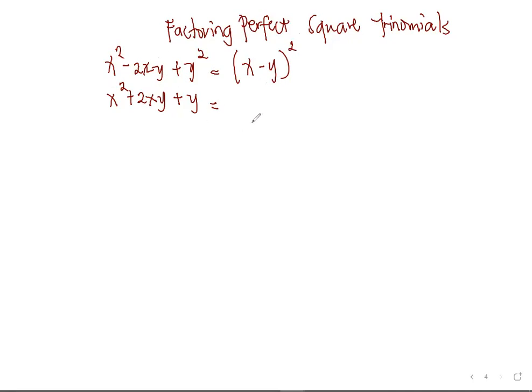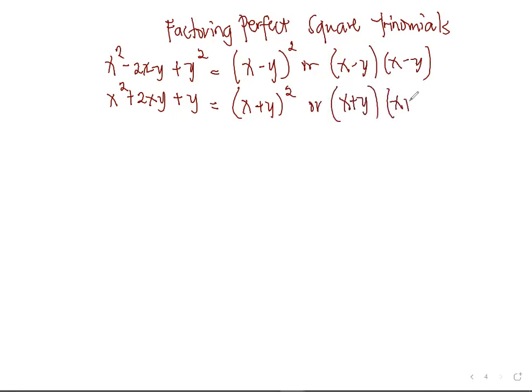Here naman, kapag magkapareho naman po sila ng operation, we have two additions. In the given expression, the answer is the square of x plus y. Or, if you want to expand, we have x minus y times x minus y, and also x plus y times x plus y.